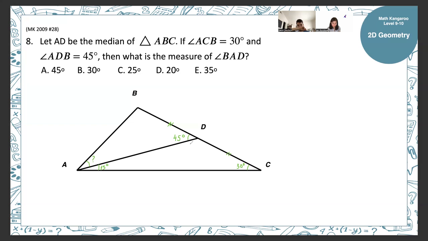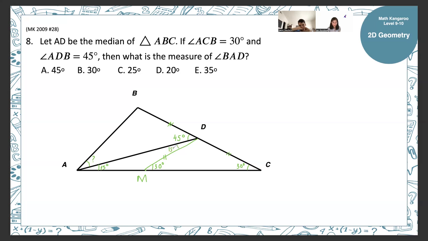So one thing I can think of is to put M over here, just any point over here, such that DM equals DC. Then MDC is an isosceles triangle, so I would have 30 degrees over here. And using the exterior angle theorem, I know this one equals 15 degrees.